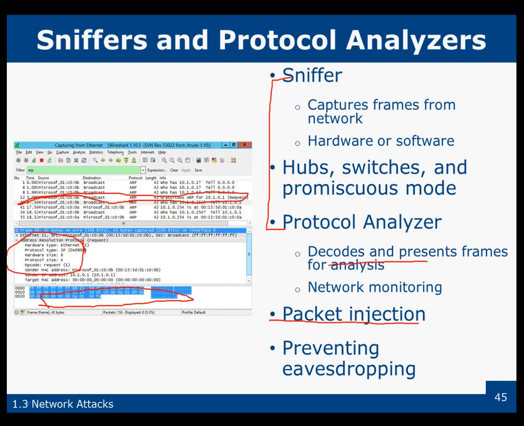NICs that are in promiscuous mode have different characteristics than those that aren't in promiscuous mode. So you can kind of sort of monitor it, and you have to be on the same network. You have to be in a collision domain to be able to see these things.